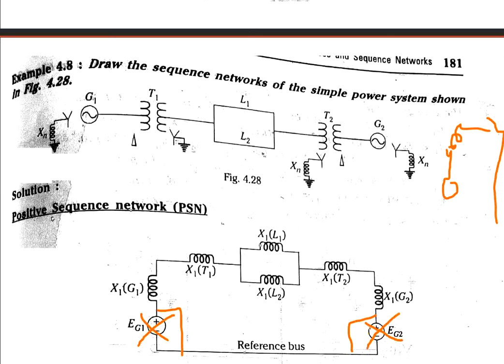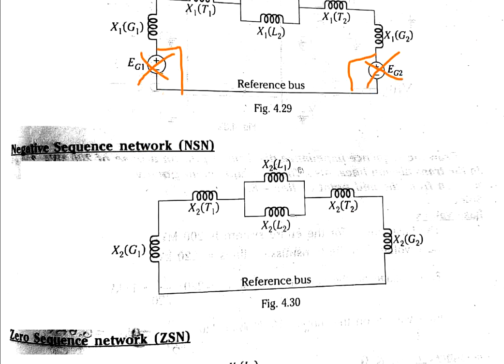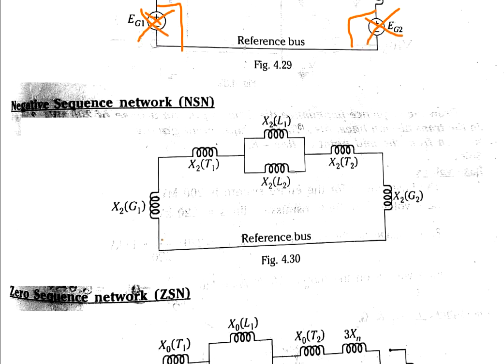Once you remove the voltage sources and short this, then it becomes the negative sequence network. Only the voltage sources have been removed; that is the only difference between positive and negative. In positive sequence, if the generator is present, you will have a positive sequence component of voltages. If it is a negative sequence network, it will be removed, and X1 and Z1 will be replaced by X2 and Z2. That is the only difference.